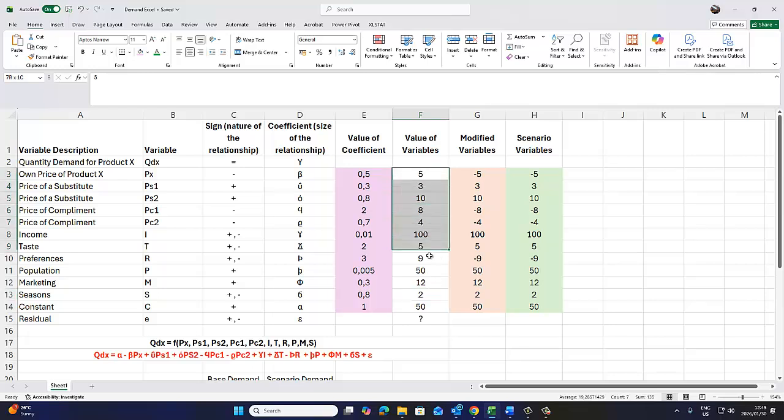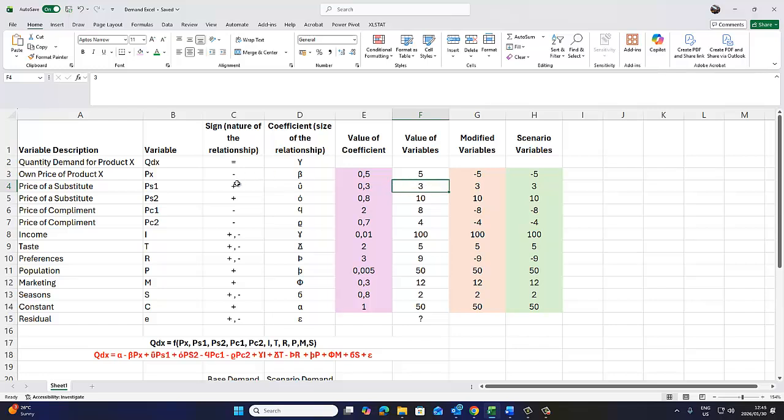So although some of these seem a little bit difficult to get, it's entirely possible to get those numbers. Okay, so once we've got this, then I've got a modified variable where I combine the sign and the value of the variable. So I get a modified variable. So the 5 and the sign is minus 5.